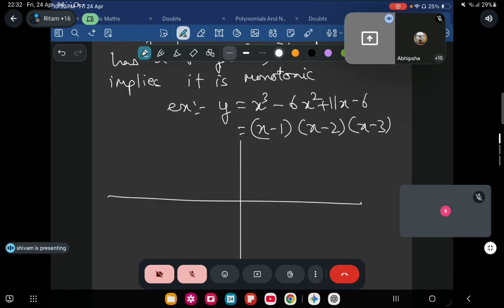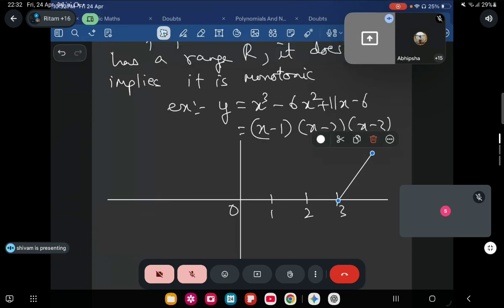And how will the graph look like? The graph will look somewhat like this. Pay attention. This is 0, 1, 2, 3.